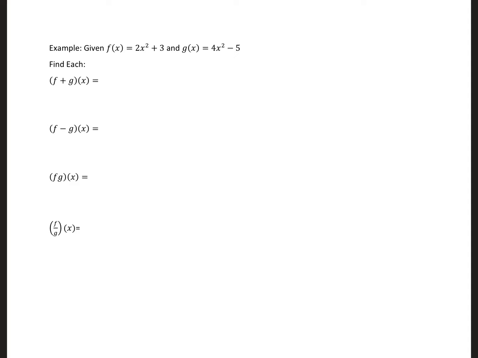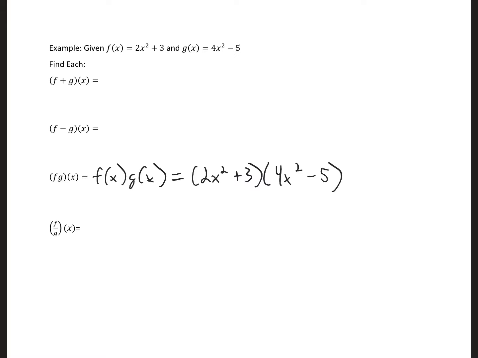So now let's find f times g of x. So this is f of x times g of x, which would be 2x squared plus 3 times 4x squared minus 5.